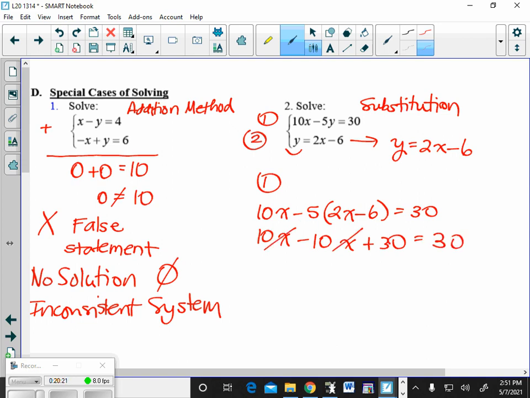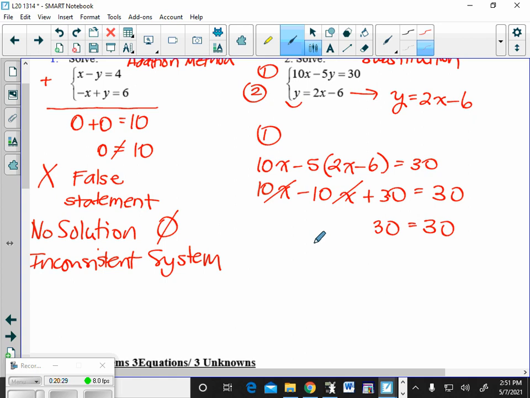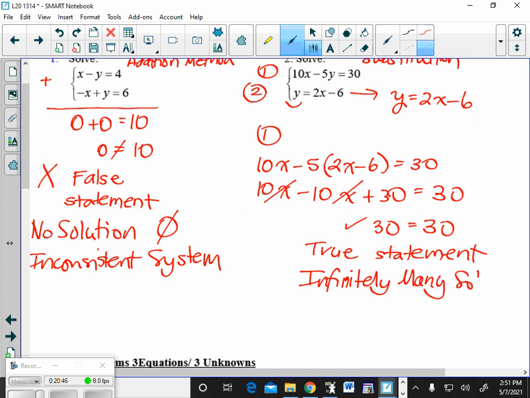So 10x minus 10x is 0. 30 does equal 30. So what did we arrive at? We arrived at a true statement. 30 is equal to 30. And so we have what we call infinitely many solutions.